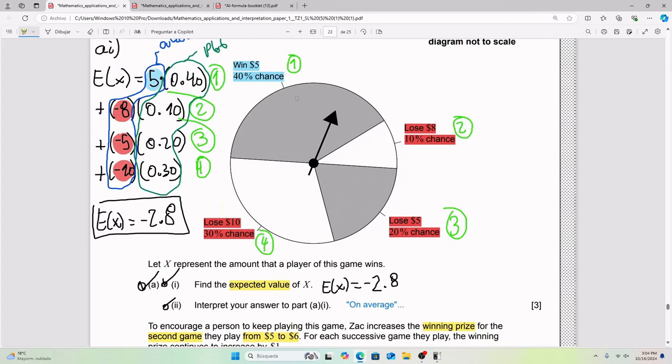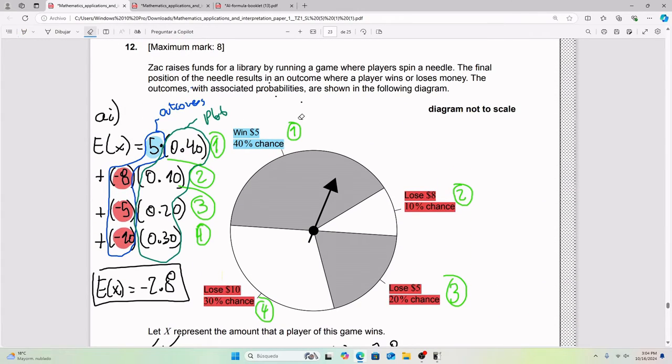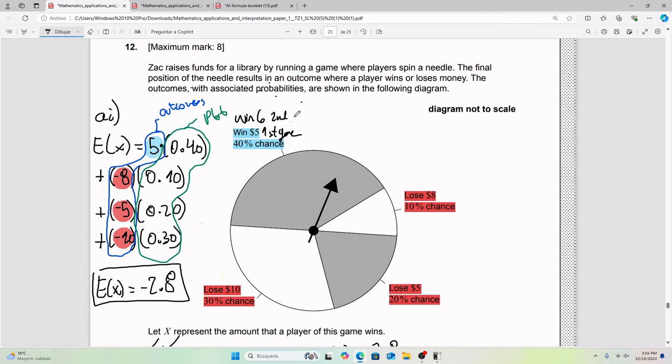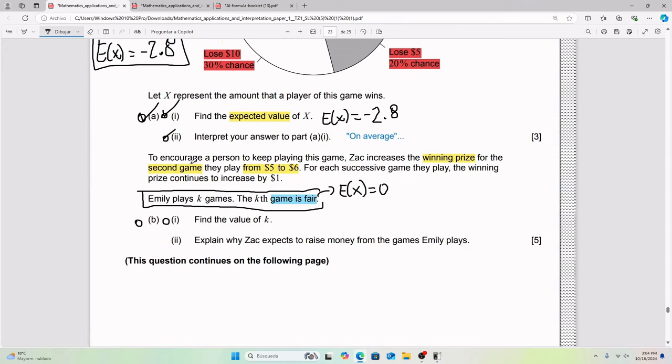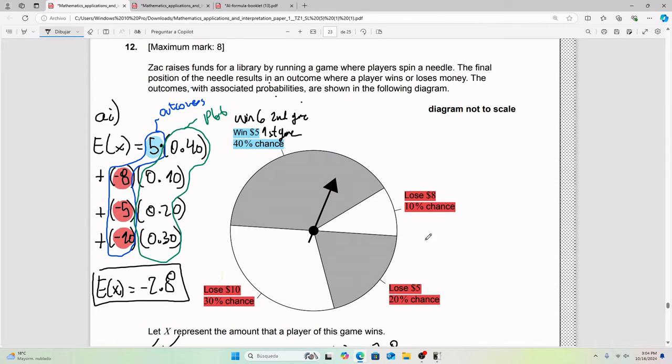point is, this $5 winning up here for the first one, this $5 winning that's up there, is basically like win 5 first game. And then it's going to be win 6 second game, which is this part here. The second game, it increases from 5 to 6. And we're talking about the winning price, and there's only one winning prize.